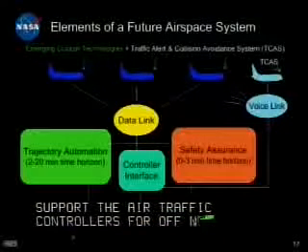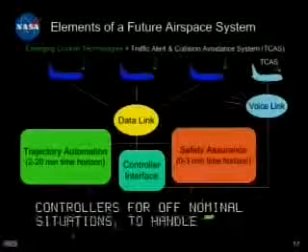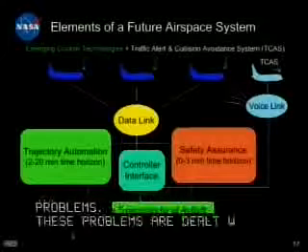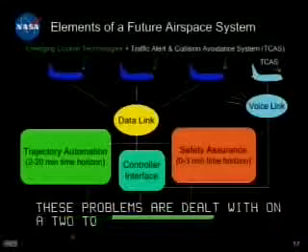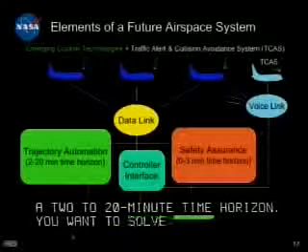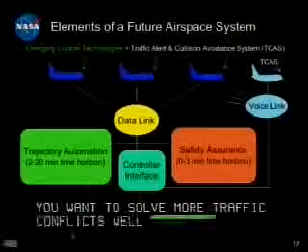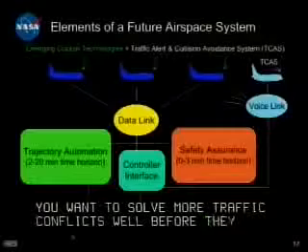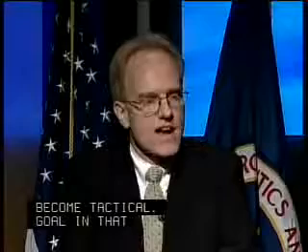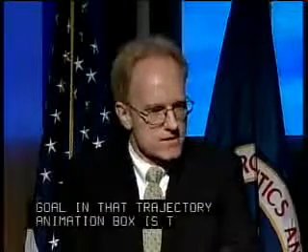And these problems are dealt with on roughly a 2 to 20 minute time horizon. The basic idea is that you want to solve most traffic conflicts well before they become tactical. I show it as 2 to 20 minutes, but the goal in that trajectory automation box is to solve most problems 4 or 5 minutes before they become tactical.